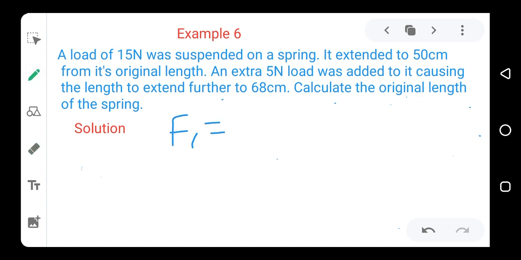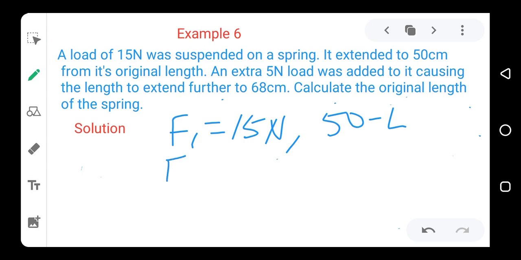F1 is equal to 15 Newton, and this 15 Newton brings about the extended length minus the original length, which is equal to 50 minus L. This will give us the extension. The new length minus the original length gives us the extension.